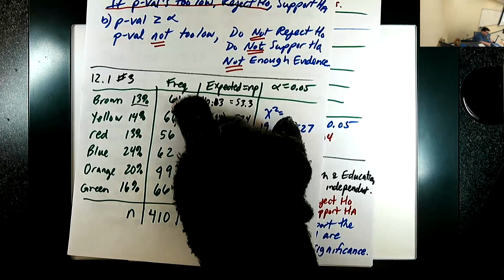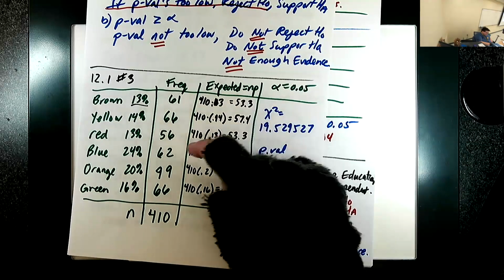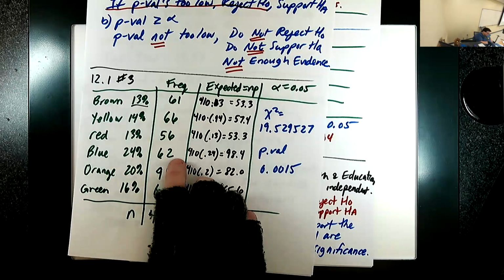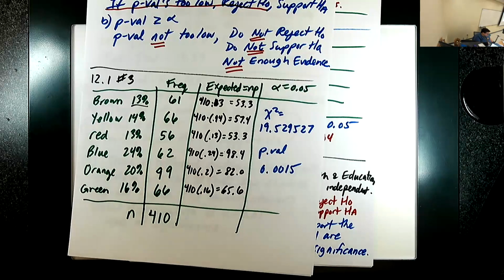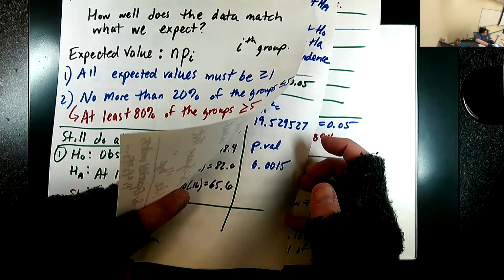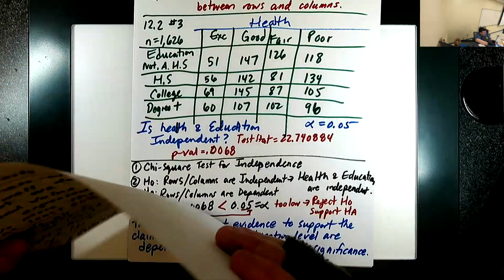So a lot of these were higher than they should have been, and blue should have had the highest percentage, and it was the third lowest score, and it should have been the highest by far. So some of them you can just eyeball and go, nope, blue messed that up. There's not enough blue candies in that bag.